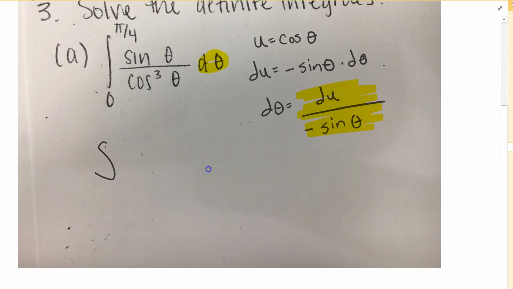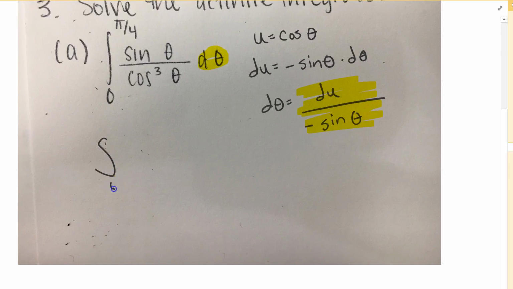In this case, we want to change the u bounds, right? U would be cosine of 0, and this u would be cosine of pi over 4. So then I'll go ahead and write this sine of theta. D theta would be du divided by minus sine of theta.